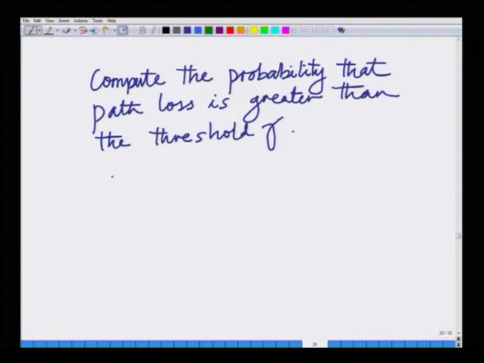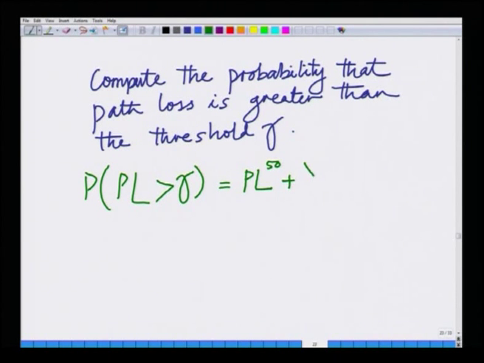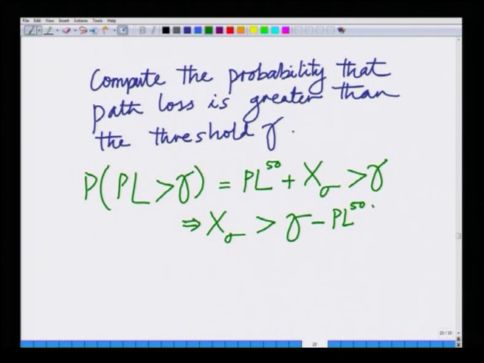That is the probability that the path loss, which is the 50th percentile path loss plus x sigma, is greater than gamma, which implies the probability that x sigma is greater than gamma minus the 50th percentile path loss.